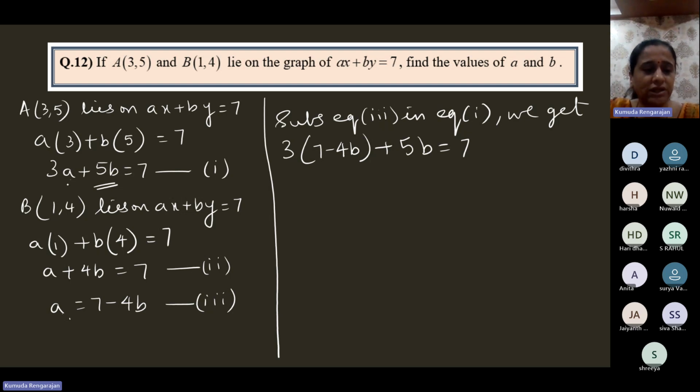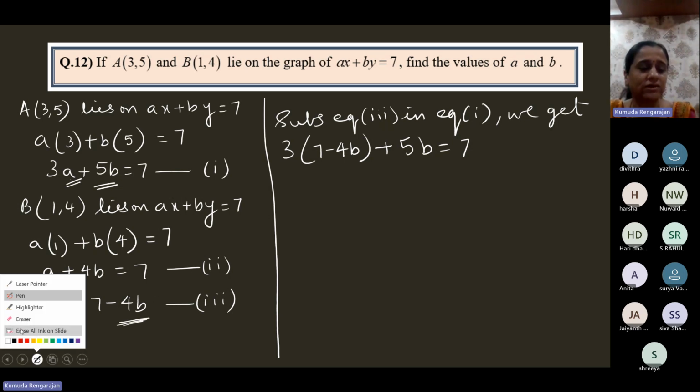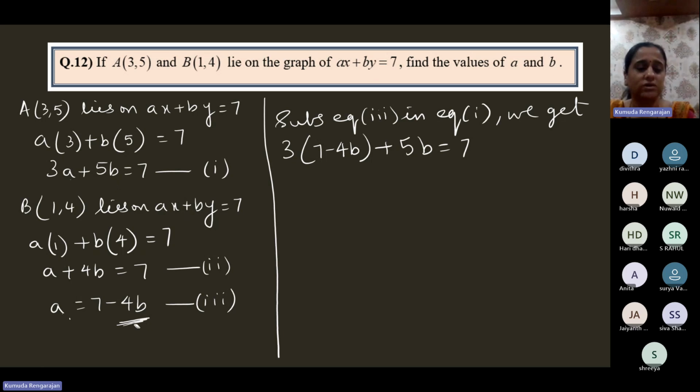So in this equation, instead of A, when you write 7 minus 4B, we no longer have the unknown A. We only have B. Now we can easily work this equation and find the value of B. And once you find the value of B, you can substitute here and find the value of A. This is the substitution method when we have two equations with two unknowns.